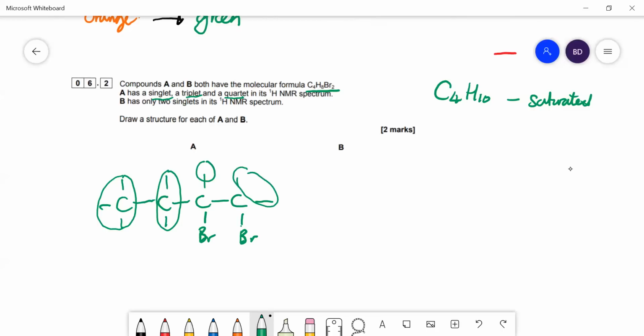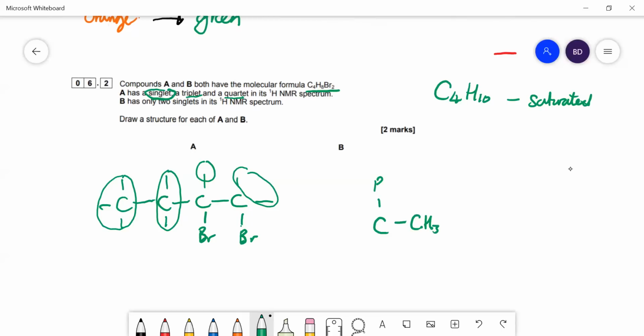Okay. Now, before we go through every possible alternative, we've got a singlet in here. Now that means the carbon to which it is attached has got no other hydrogens on it. Okay, so the only way I can think of doing that is by having a CH3 there, that will give you a singlet.